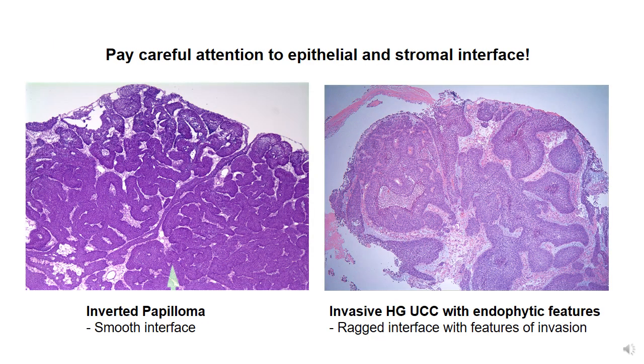as nested urothelial carcinoma. Here is a side-by-side comparison of inverted papilloma, and then here you have invasive high-grade urothelial carcinoma with an inverted papilloma-like growth pattern, but then you have a very disorderly epithelial and stromal interface.